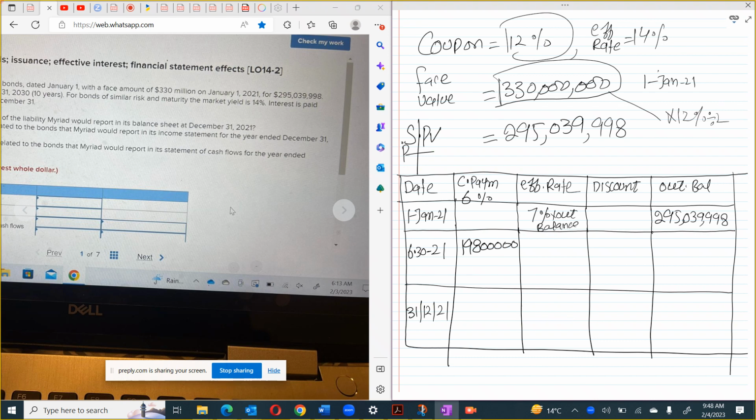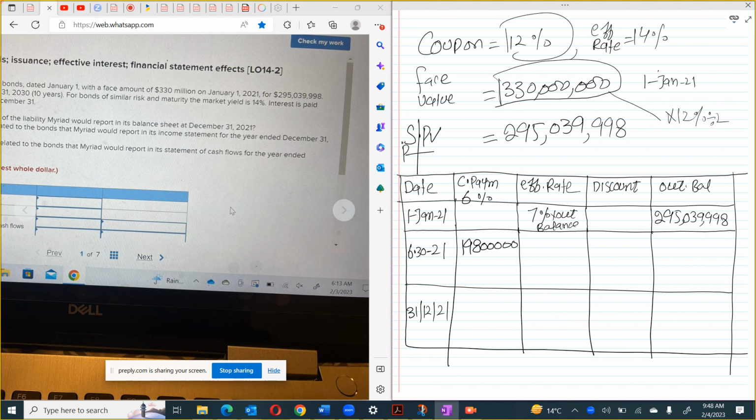Net liability is 296,805,294, and interest expense is 41365 and the cash payment is 39600. I am sending a screenshot to you.